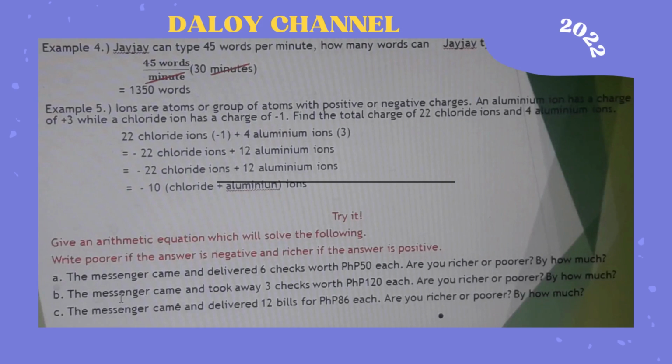So it is equal to negative 22 for the chloride ions plus 12 for the aluminum ions, since 4 times 3 is 12. Since they are unlike signs, negative 22 to be subtracted by 12, their difference is negative 10.